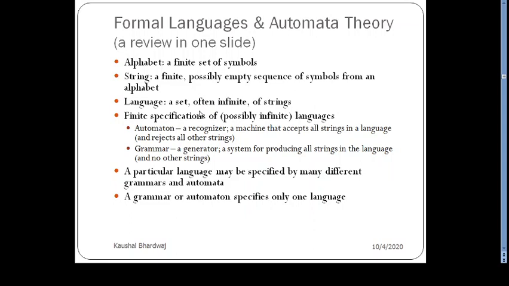A grammar is a generator, a set of productions, a set of rules, which is a system for producing all strings in the language, and produces no other string.